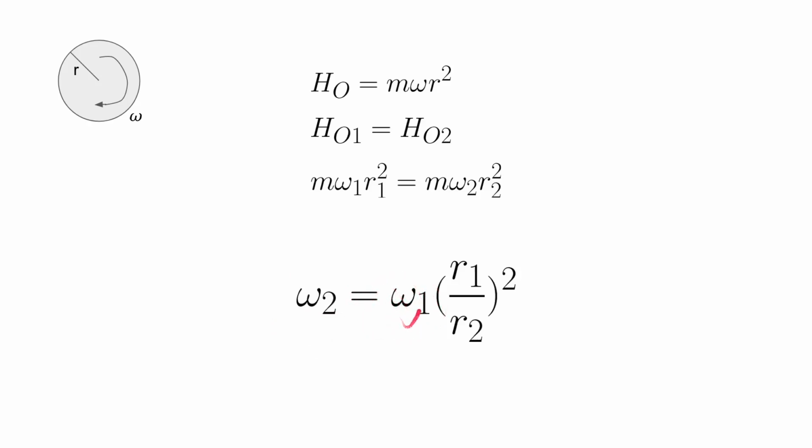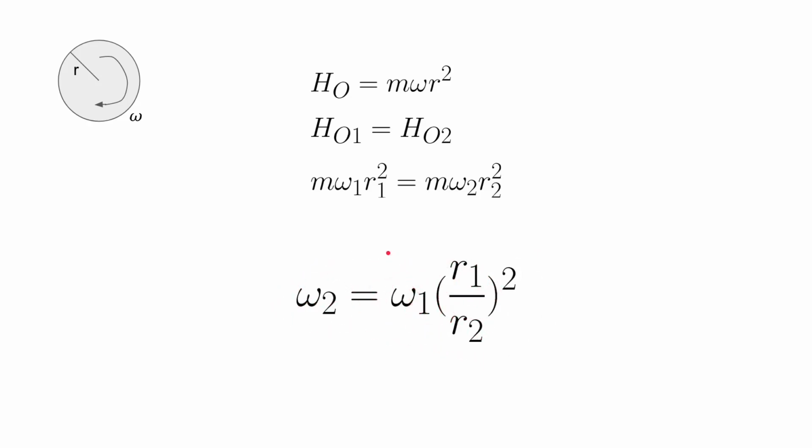So you can see that depending on the ratio of r1 and r2, omega 2 is either going to be bigger or smaller than omega 1. And in this case, since the radius gets smaller, omega 2 is going to be larger than omega 1.